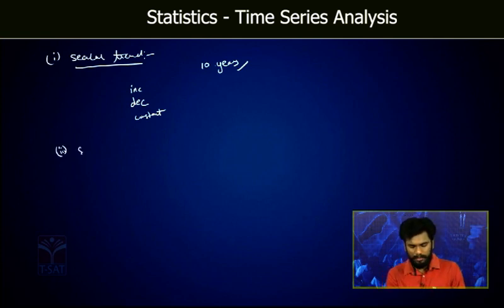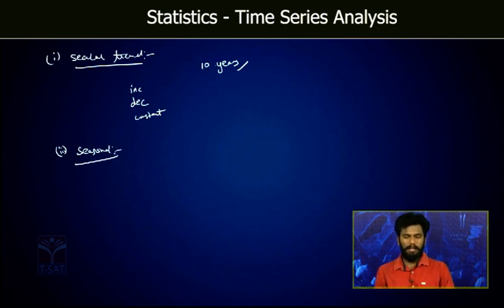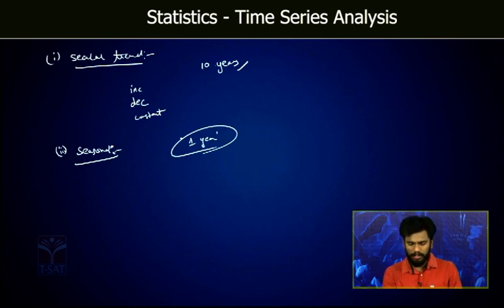Second, seasonal variations. The time period for seasonal variations is usually 1 year. Now, what are these seasonal variations? Let us consider an example, the sale of umbrellas.